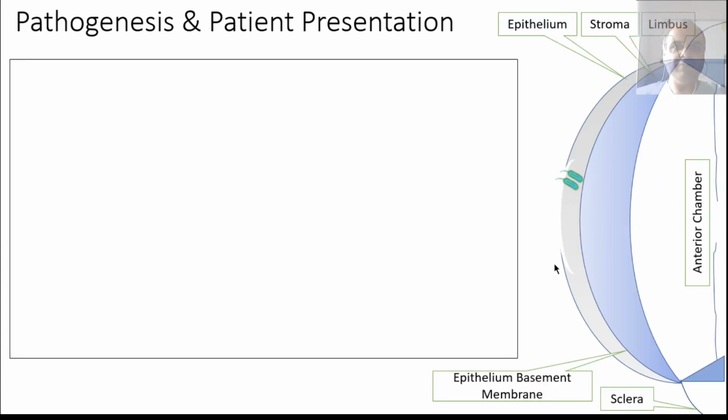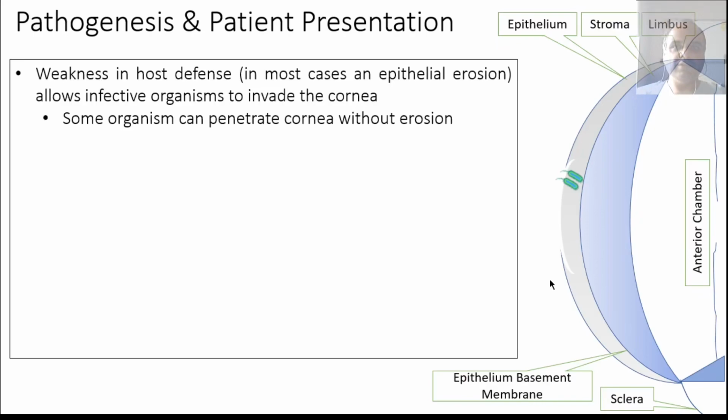And once you have the defect, the epithelial defect, it is able to penetrate into the corneal epithelium. And right now, this is an abrasion or an erosion. It's not an ulcer, because the defect exists above the basement membrane of the epithelium. So once you have this defect, and obviously we talked about Neisseria and some other organisms being able to penetrate without the defect, the organism would replicate and increase its number.